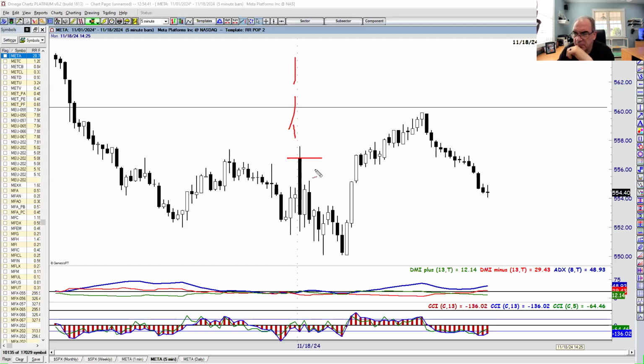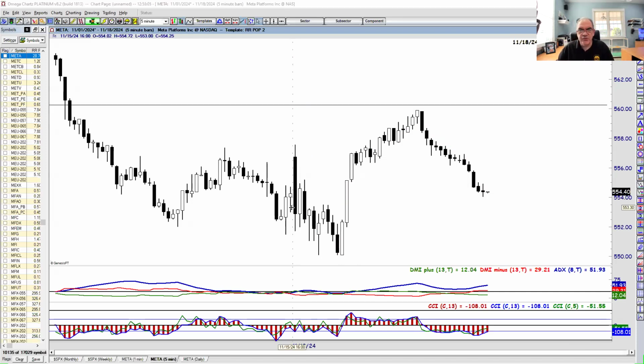We gapped up, we failed, right? But we didn't get anywhere near this fib line. We moved up here, we closed on this hollow-bodied candle. We opened up about where we were and we failed. What do you think? Good entry, bad entry? What do you think? It's tricky.